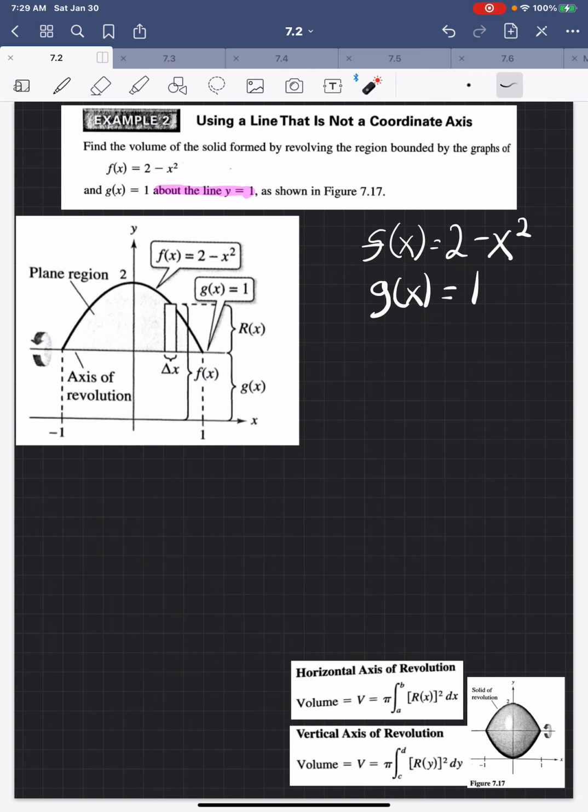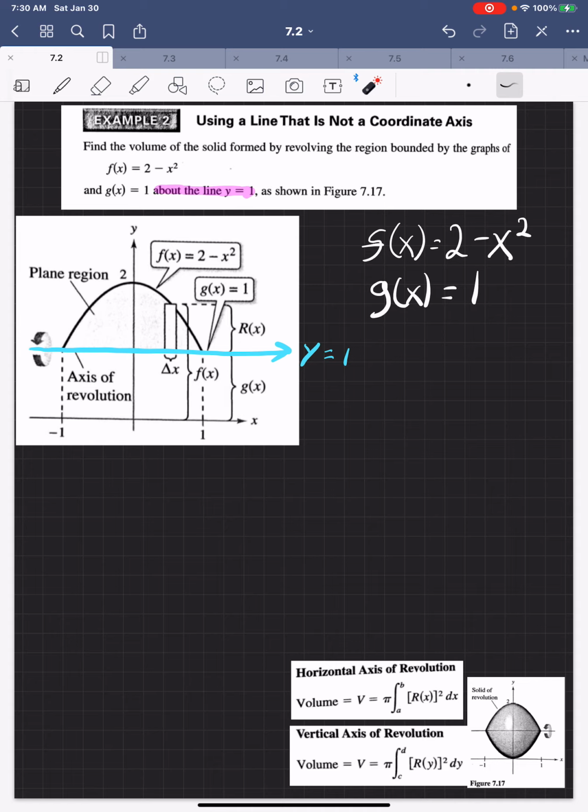Now, here we go. What do we want to revolve about? We want to revolve about the line y equals 1. So here is the line y equals 1, and here's the x-axis down here. But we want this curve to revolve around this line, not the x-axis, around y equals 1.